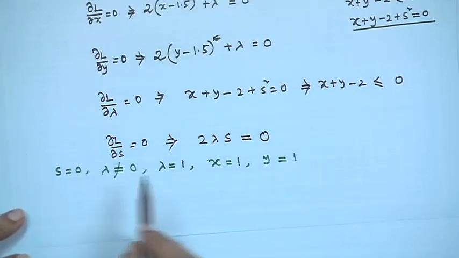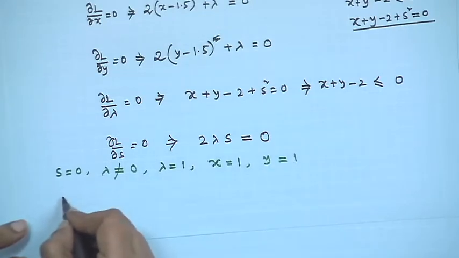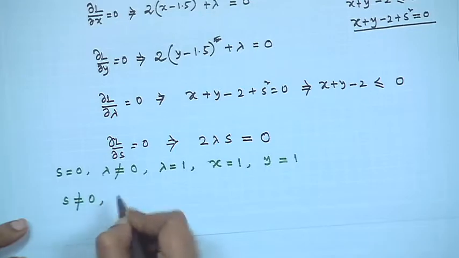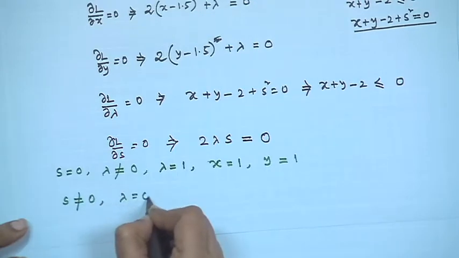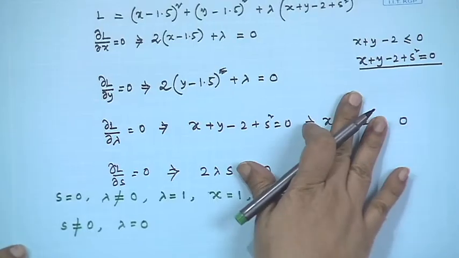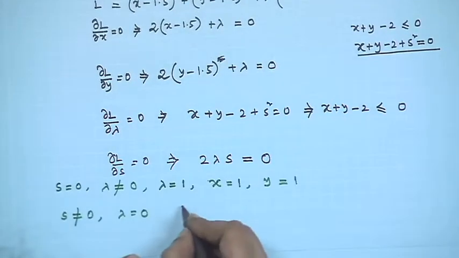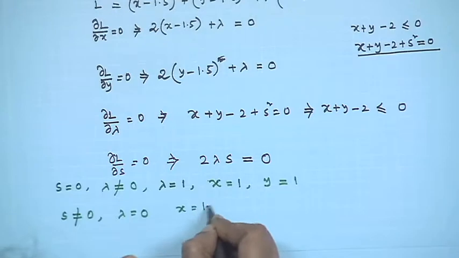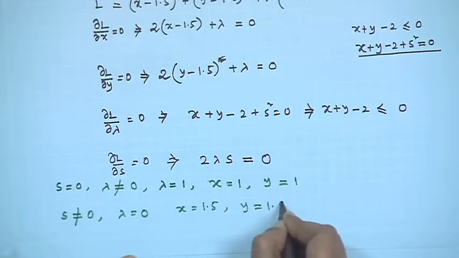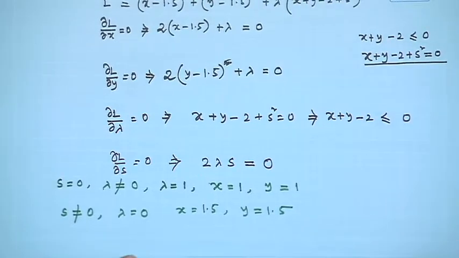Now let me consider the other case, that s is not equal to 0, but lambda equal to 0. If we consider lambda equal to 0 in the first equation, then what will we get? We will get x is equal to 1.5 and y is equal to 1.5. All right. But you see, what else will we get?